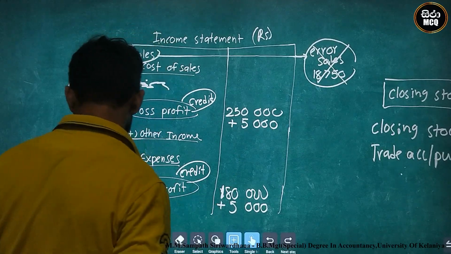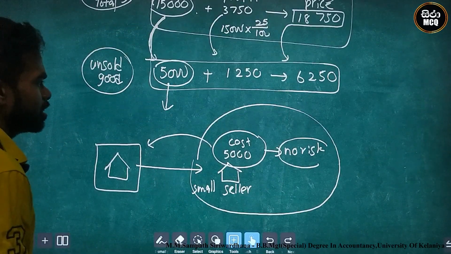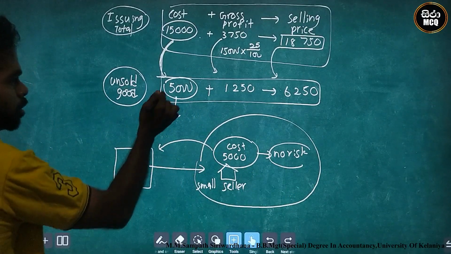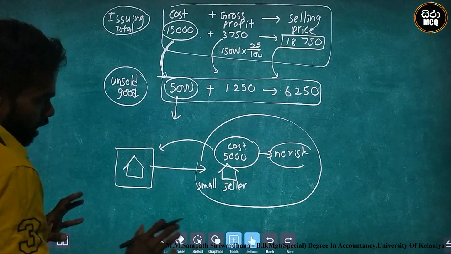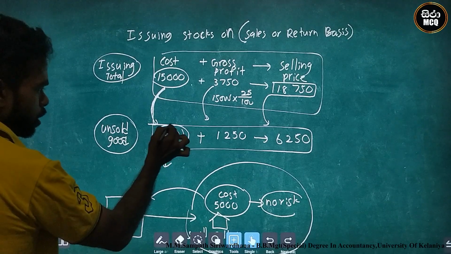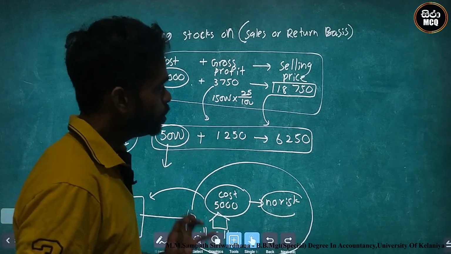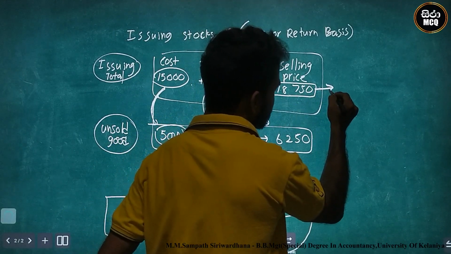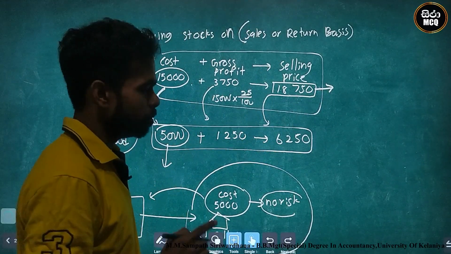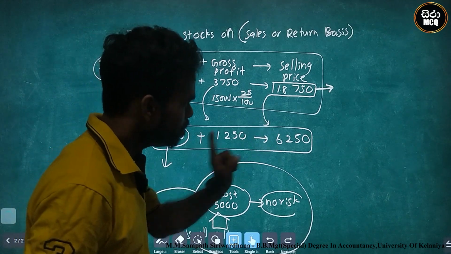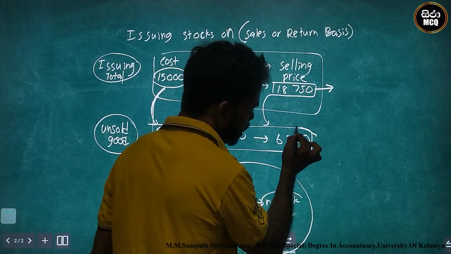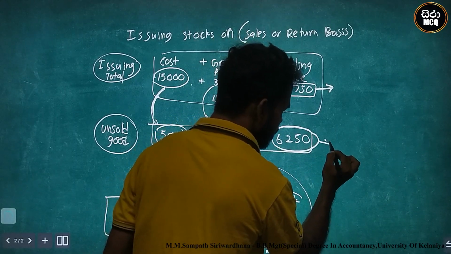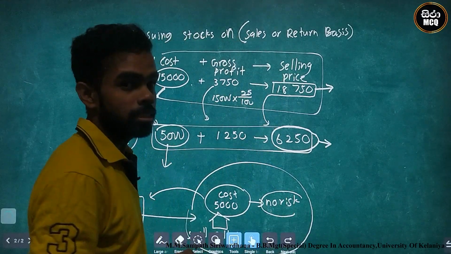Okay, again, another one is the wrong area. We identified what is this: unsold goods. The selling price is already identified as sales, but the selling price of the unsold goods is there. Therefore, we must eliminate this unsold goods selling price.